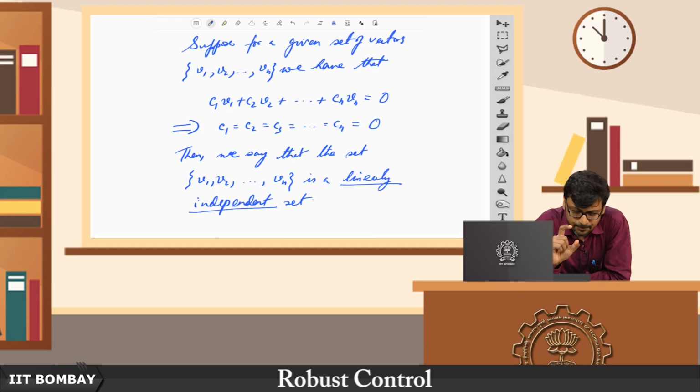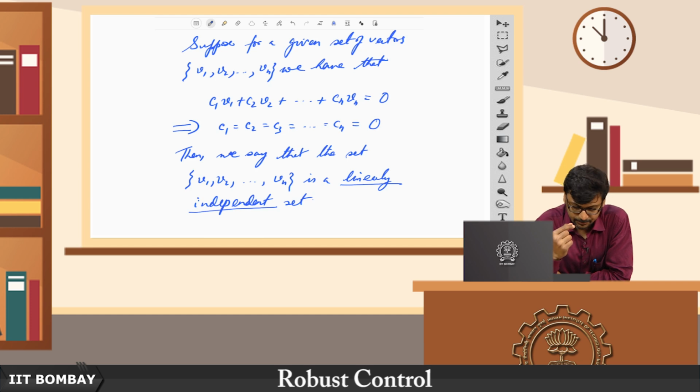If you are given a set of vectors and if a linear combination of that set of vectors leads to the 0 vector only if all the scalars in that linear combination happen to be 0, then you say that that set of vectors is linearly independent.